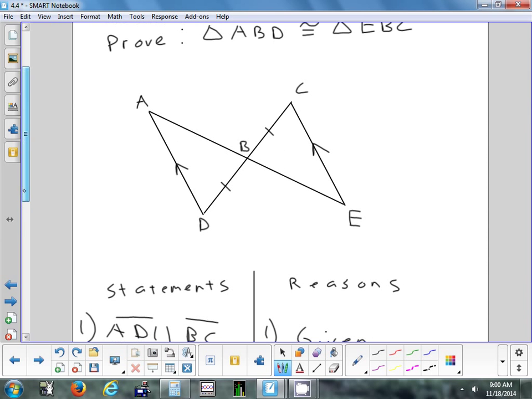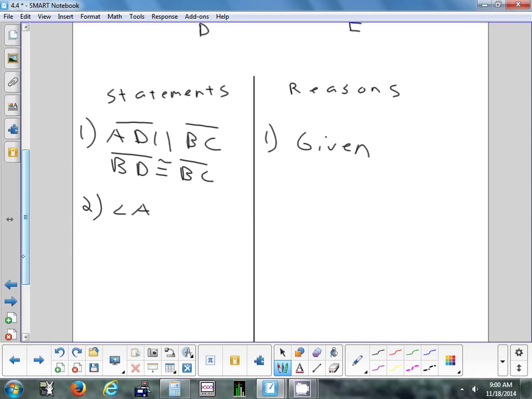E and A. Yep, and you can name them with a single letter. There's no confusion. Angle A and angle E are congruent. Two parallel lines cut by a transversal. So angle A and E are congruent. Alternate interior angles.